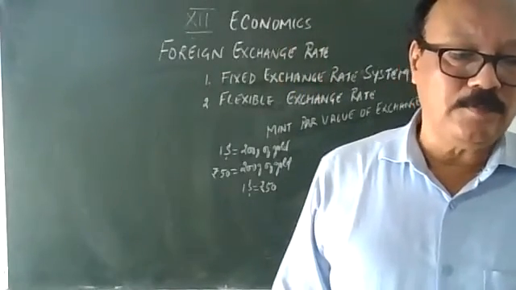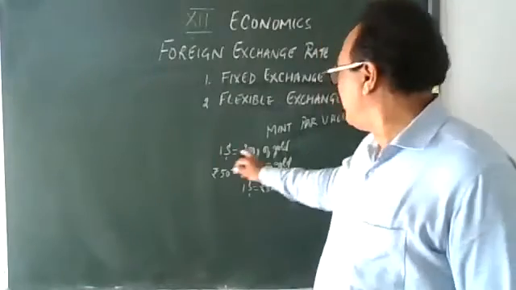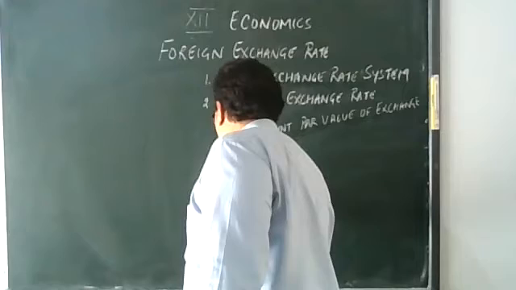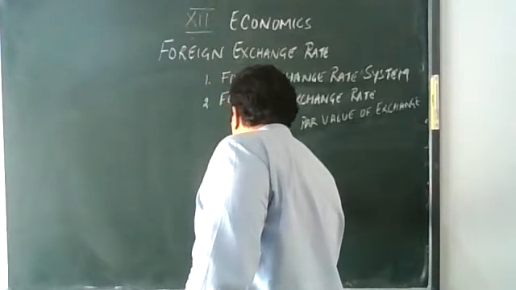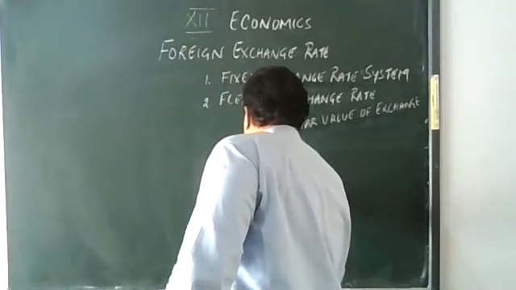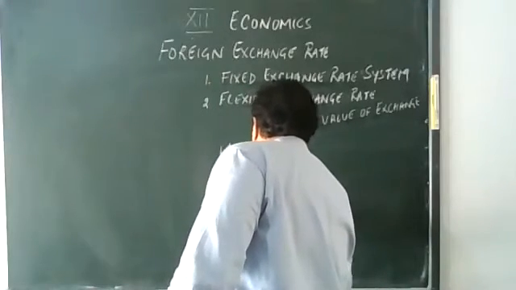Suppose now $1 still gets you 200 grams, but the rupee price increases to rupees 70 for 200 grams of gold. In this case, $1 will be equal to rupees 70.